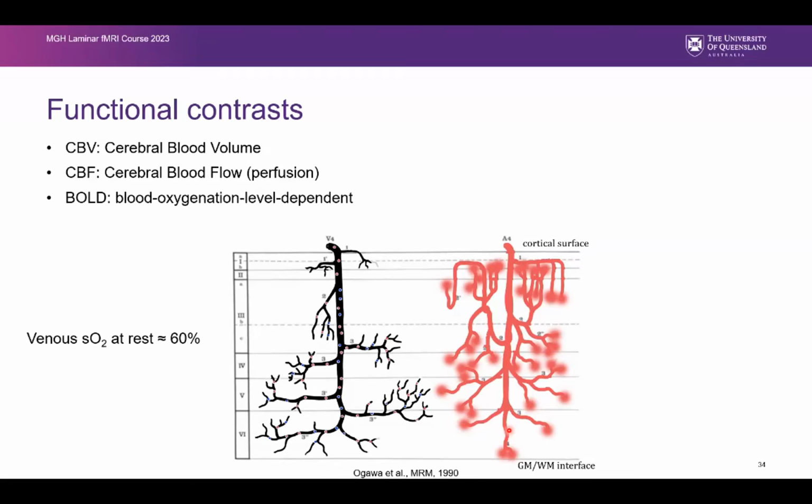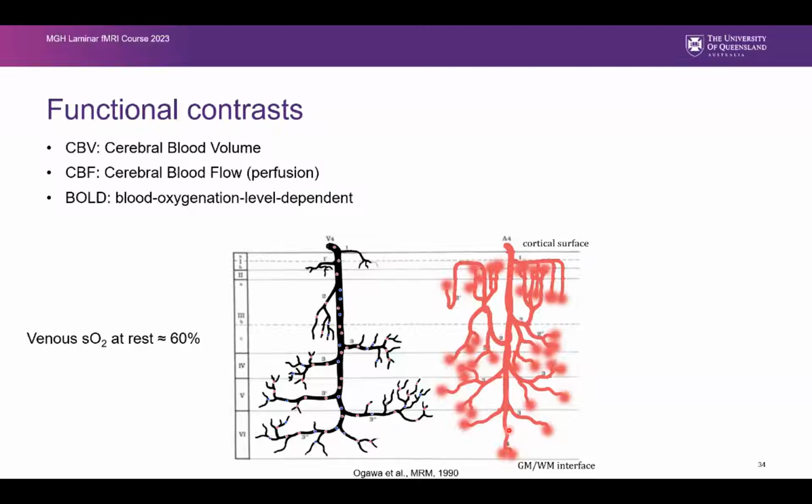And basically on the other side, so on the venous side, is where we observe the BOLD effect, which means that we are sensitive to changes in blood oxygenation. So if you look at the venous oxygen saturation at rest, that's around 60%. So it's not like all the oxygen is gone, just a certain part is removed.